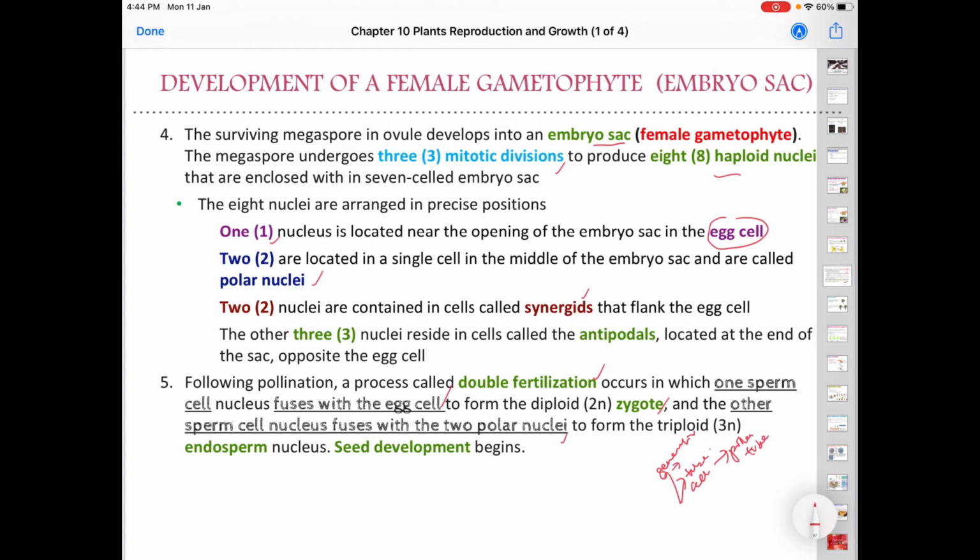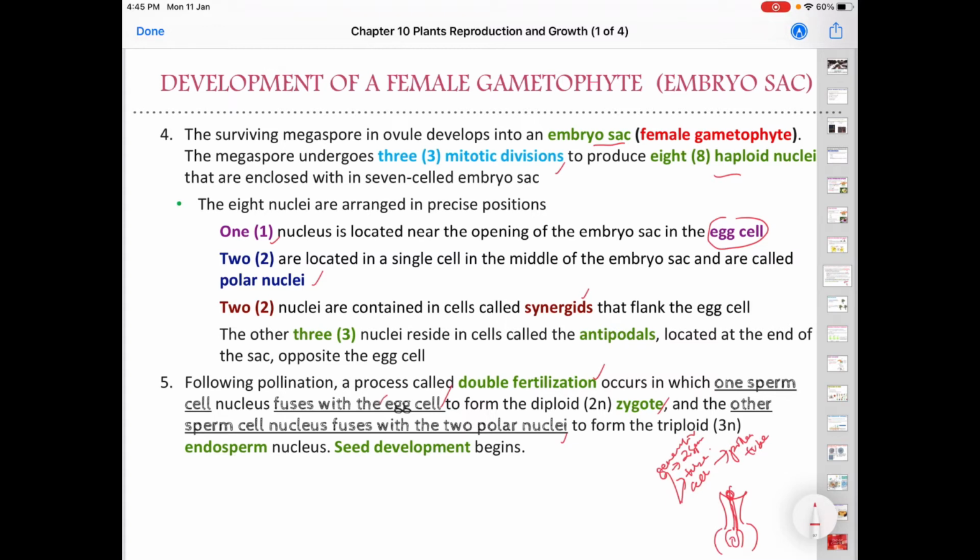And this generative cell later will form 2 sperm cells. This is the stigma, in the female part. When this pollen grain sticks to the stigma, the pollen tube starts to rise, and the 2 sperm will go into the embryo sac.